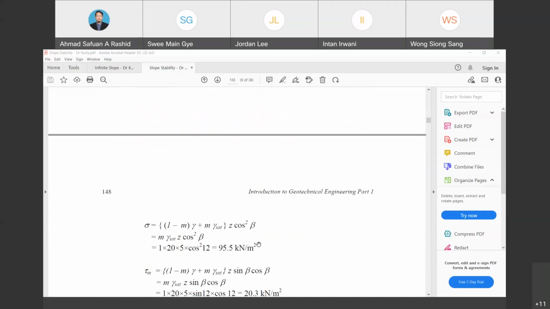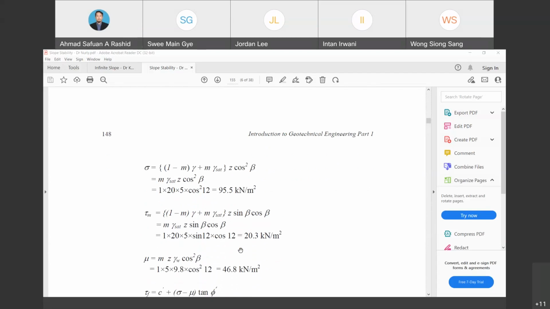To start with, we calculate the sigma value. We may eliminate this term because 1 minus m is 1 minus 1, which is 0. Then m equal to 1 times saturated 20 times z 5 times cos square beta, 12. So we obtain 95.5. That is for the sigma.